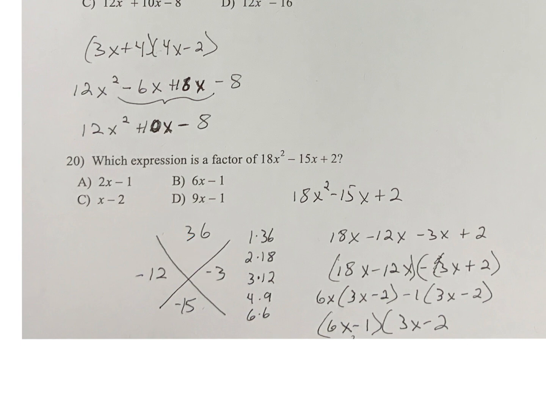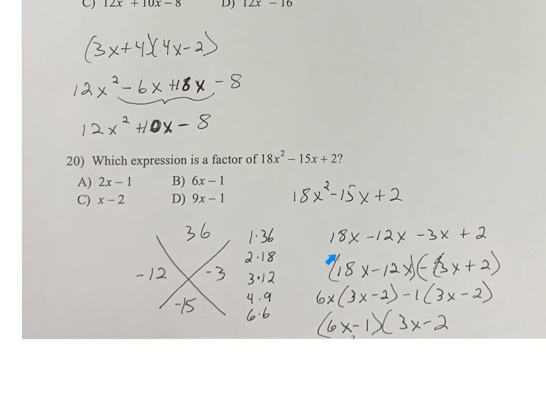Now, the way that I've taught you to factor this, because this is a leading coefficient greater than 1, we just write all four terms, starting with the first term, 18x squared, and then the minus 12x, which came from here, the minus 3x, which came from here, and the plus 2, which was in the original, okay?